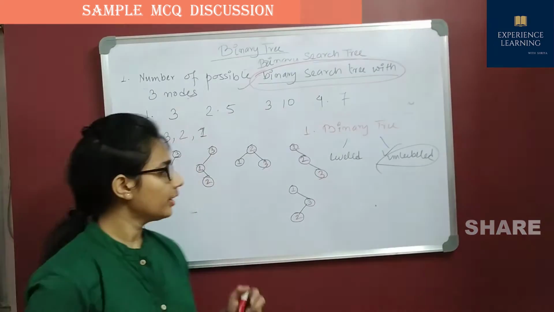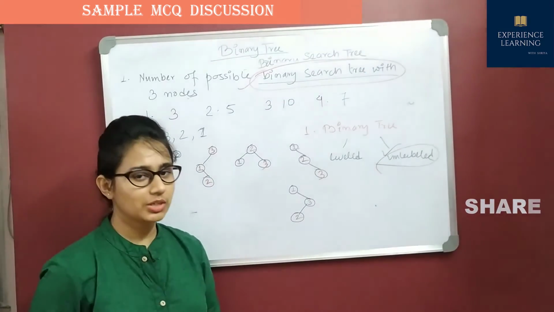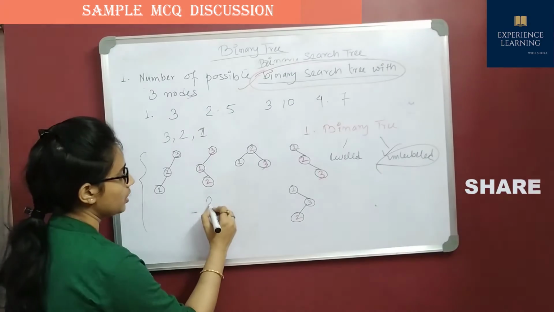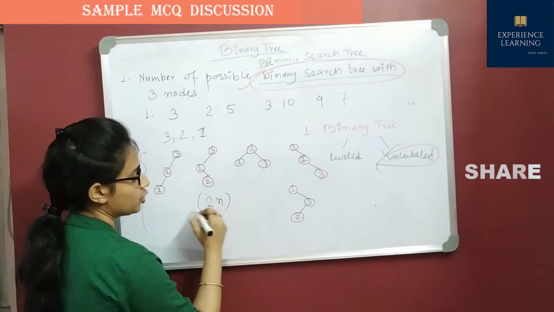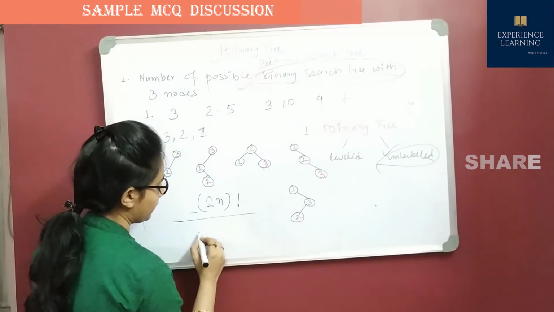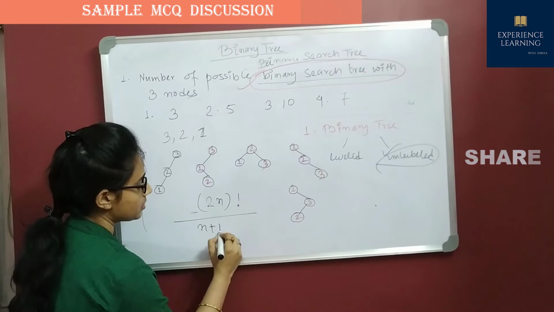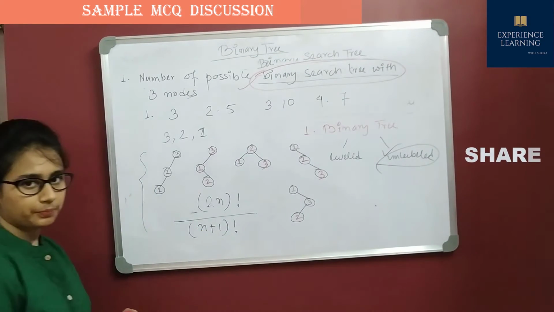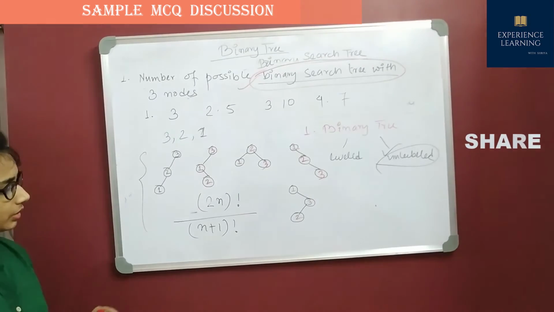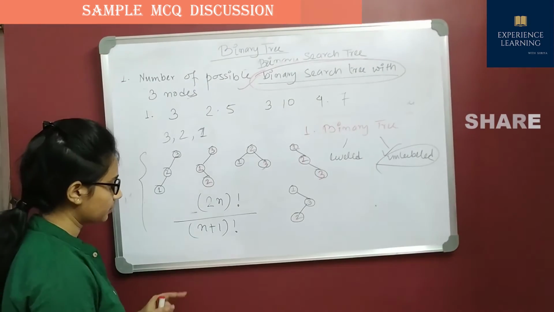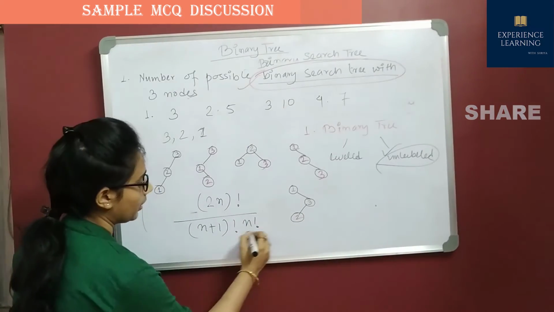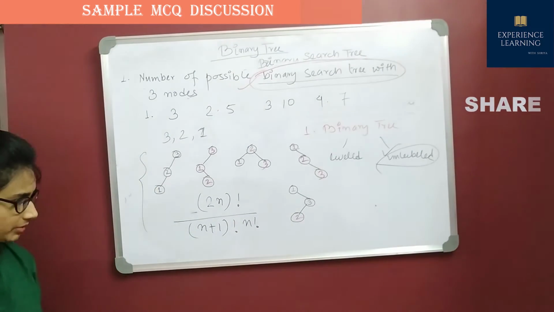What is the formula? Here it is given for 3 nodes, but the formula is actually 2n factorial divided by n factorial into n plus 1 factorial.